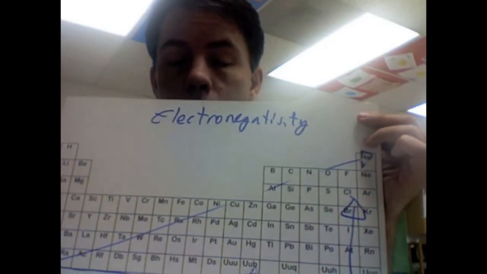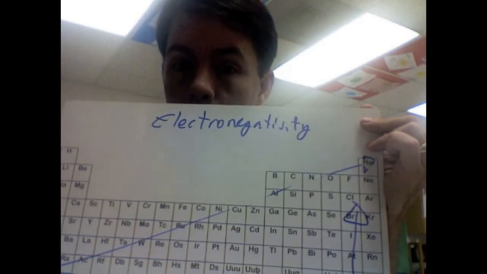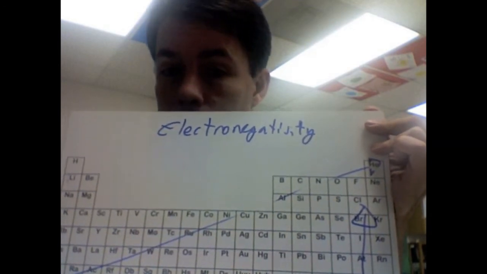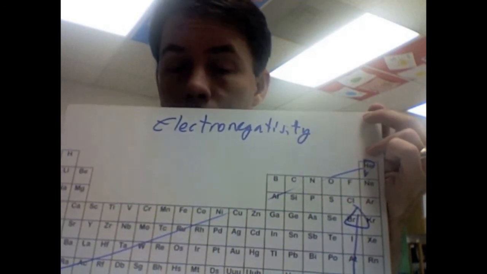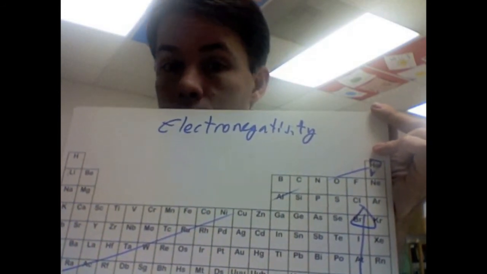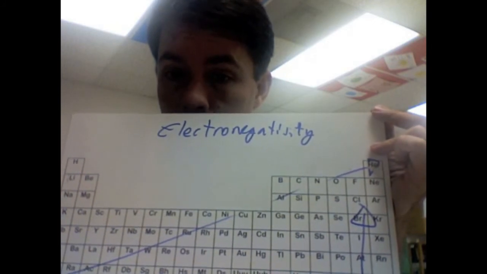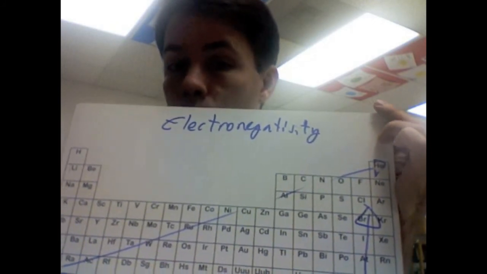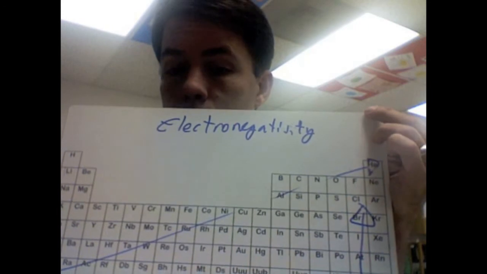Okay? So as I get to oxygen, oxygen has 6 valence electrons, wants to gain 2 to get 8, because it's easier to gain 2 than it is to lose the 6 that it already has. So I'm going to gain 2 electrons. It really wants to gain 2 electrons.